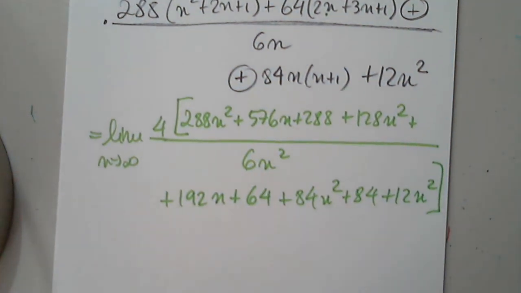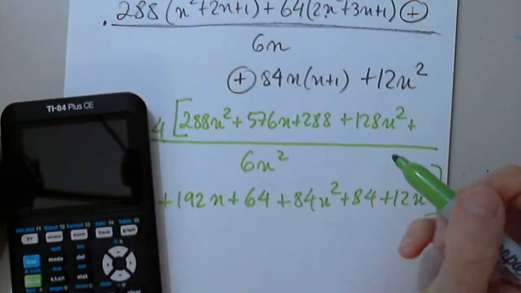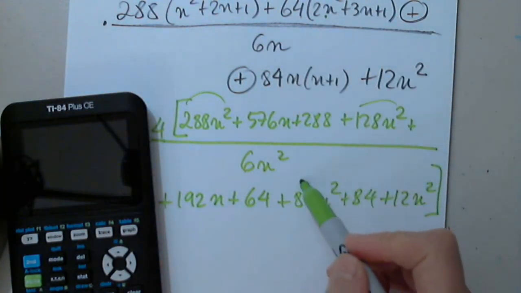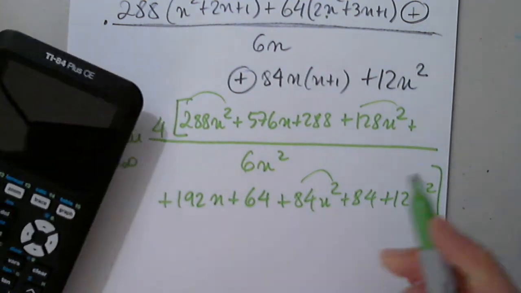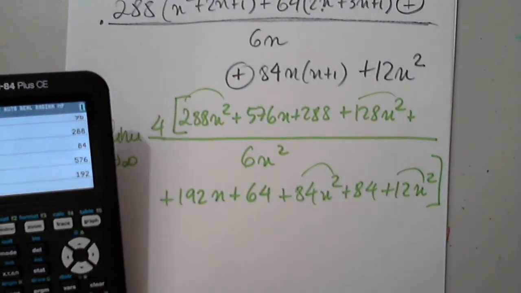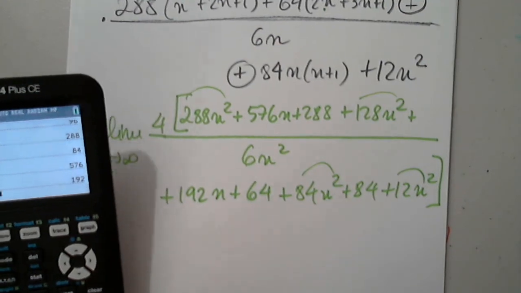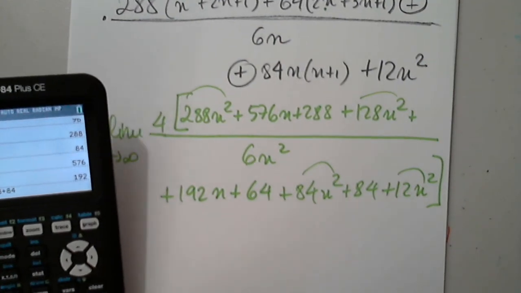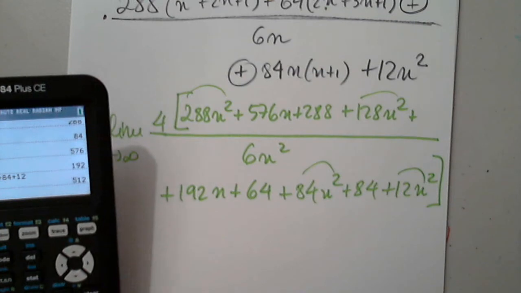My goodness. Okay, so now I'm going to add the terms with n squared. So I have 288, and then plus 128, plus 84, and plus 12. 512.